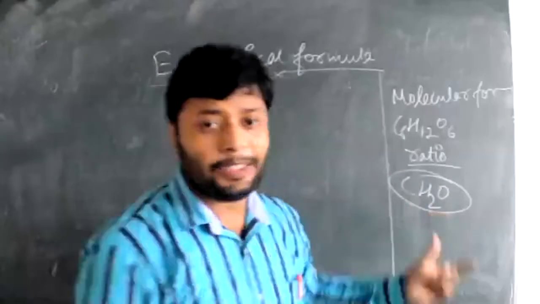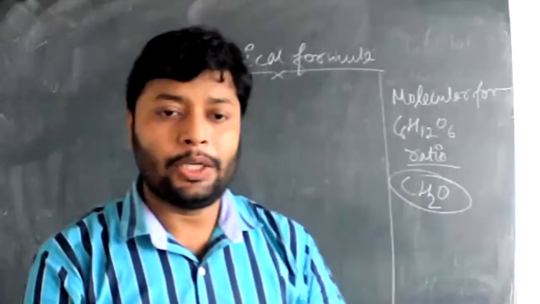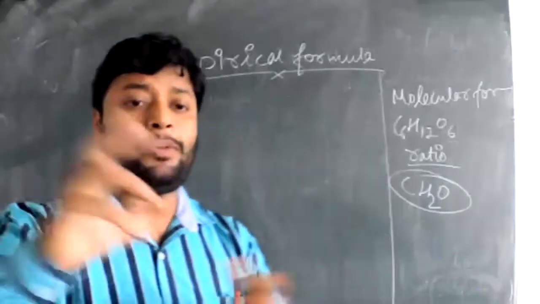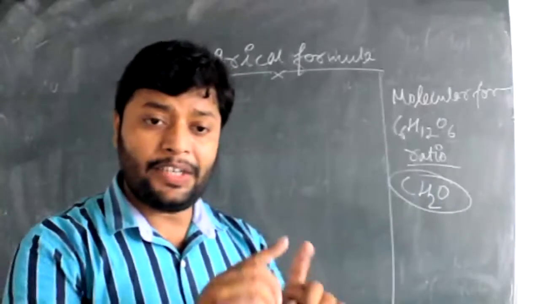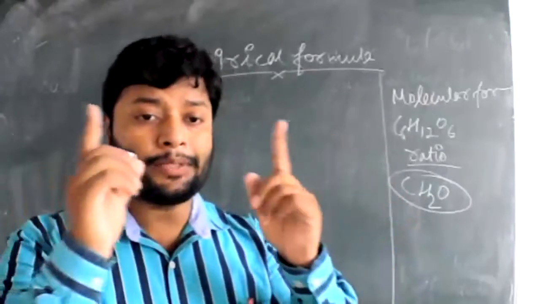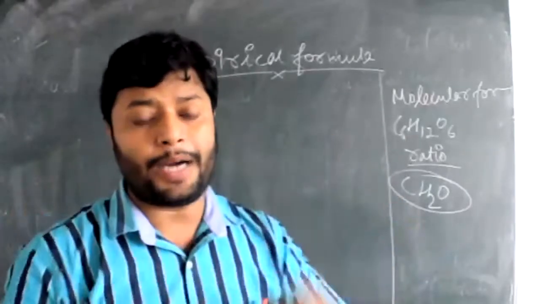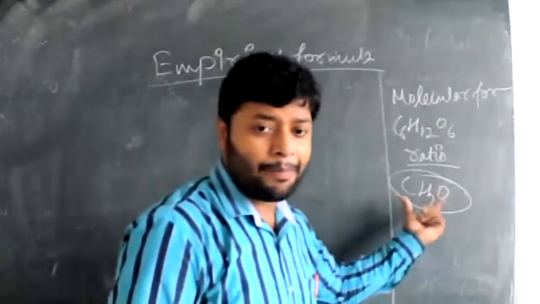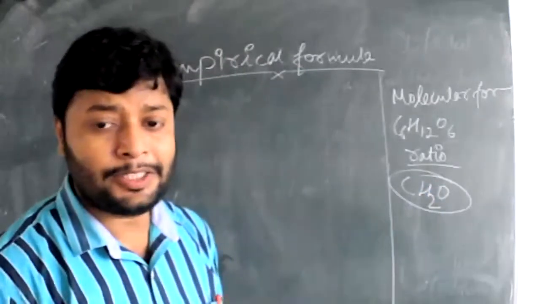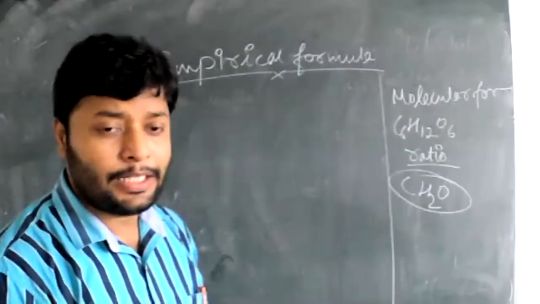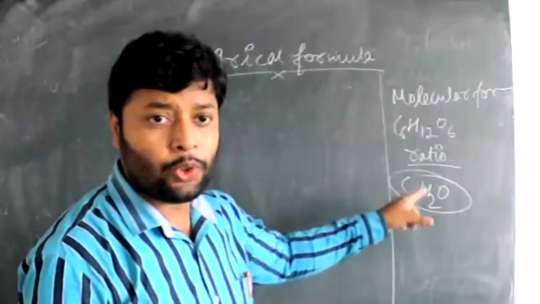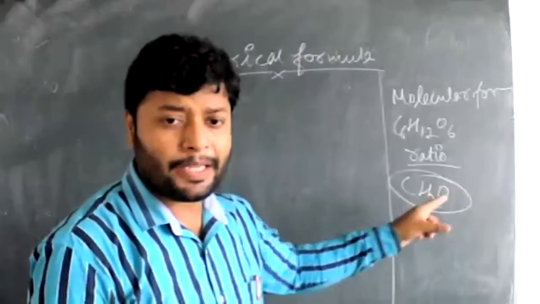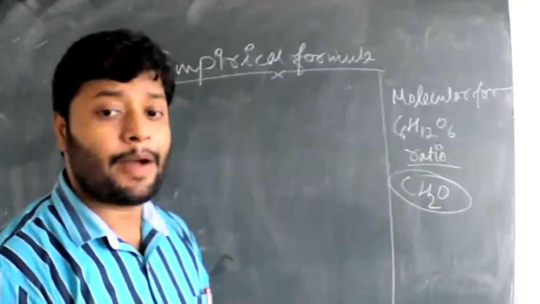With the help of the ratio, we can guess the mass composition of the different elements or atoms involved in the molecule formation. With the help of the ratio, we can guess that 12 gram of carbon must be combined with 2 gram of hydrogen and 16 gram of oxygen.